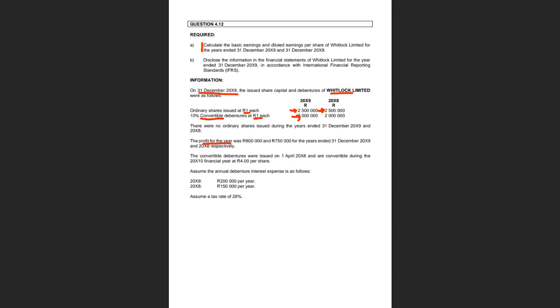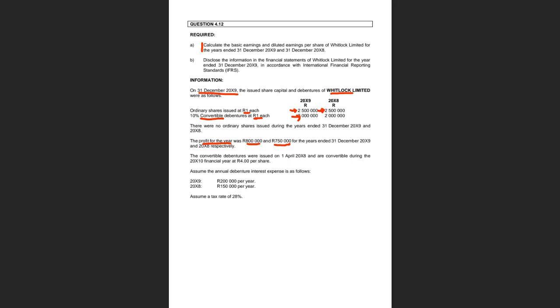So are these amounts pre or post tax? Well, if they were before tax, they would be called profit before tax. If they're after tax, they generally are termed profit for the year. So this is after tax.